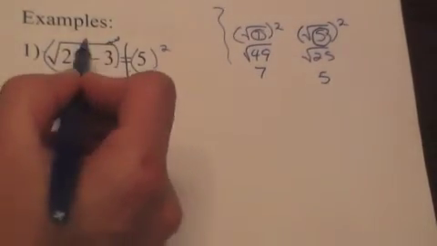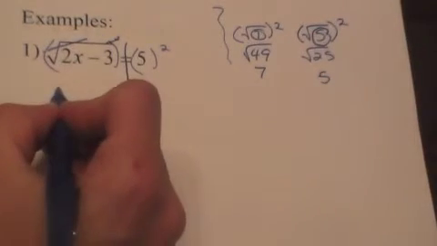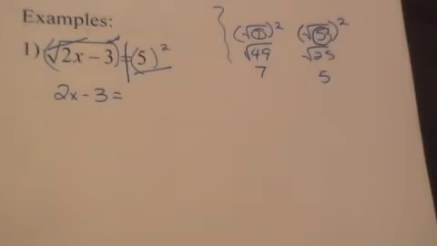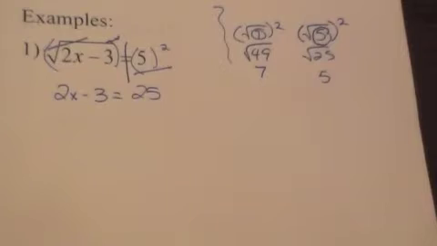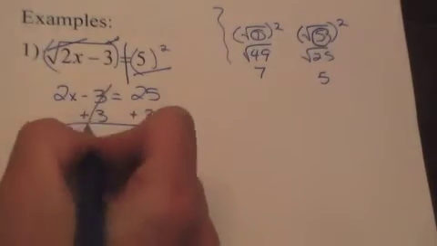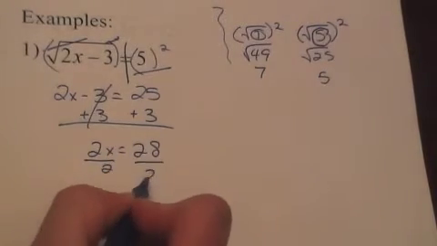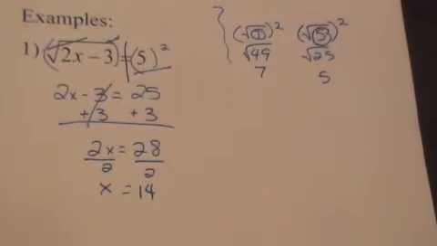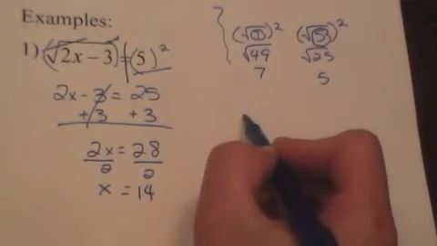So these cancel themselves out in the most basic sense, and you're just left with 2x minus 3. This side, you're not so lucky. You actually have to do the math, so that's 25. Now we simply solve the equation, and x is 14.